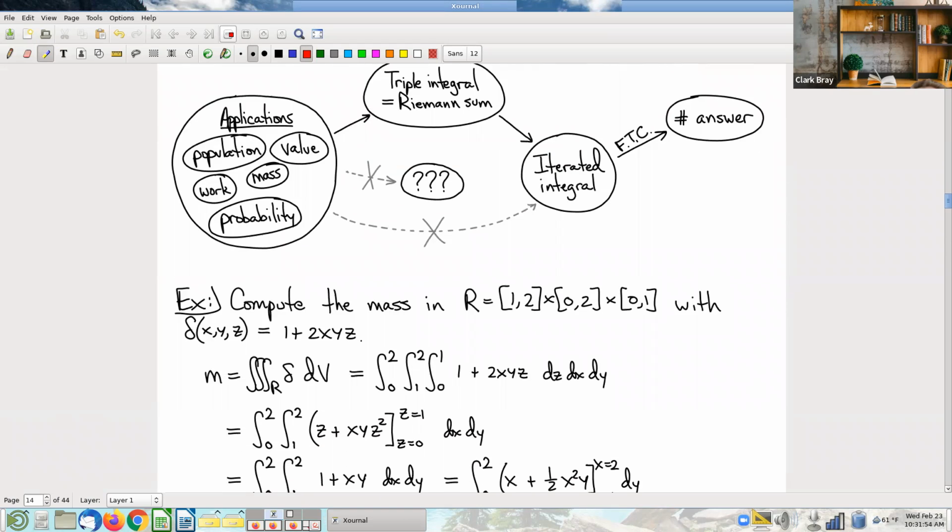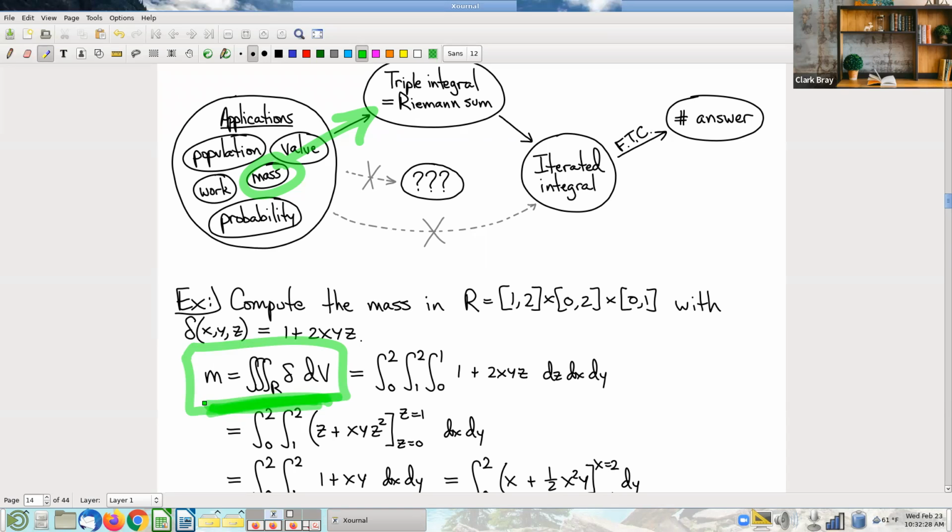So let's compute the amount of mass in a certain rectangle where density is given. Step 1, we're going to turn our application into a triple integral, and this is arguably the easiest part of the problem, because we just make the observation that mass per unit volume times volume gives me mass, and that mass accumulates.